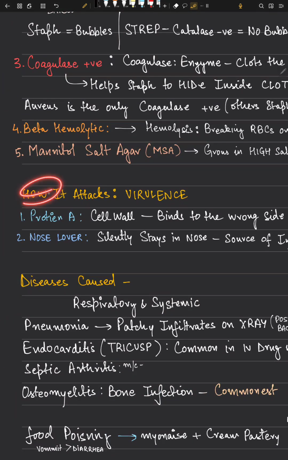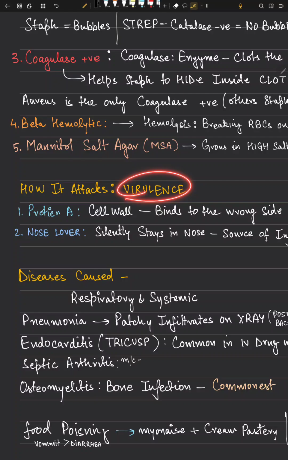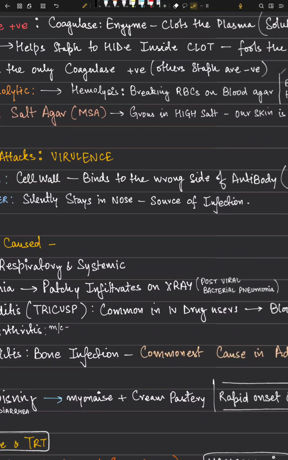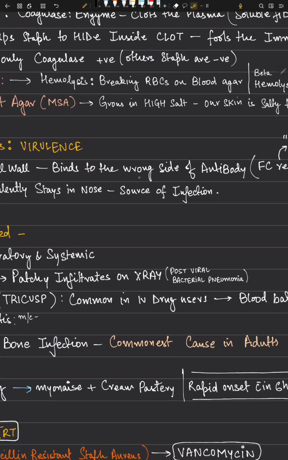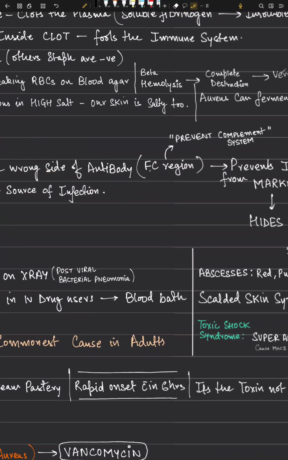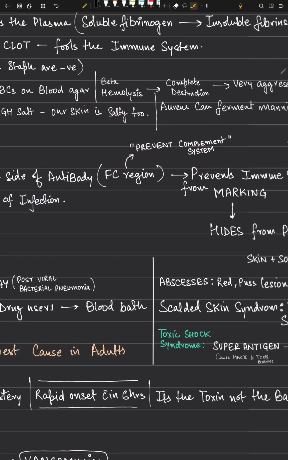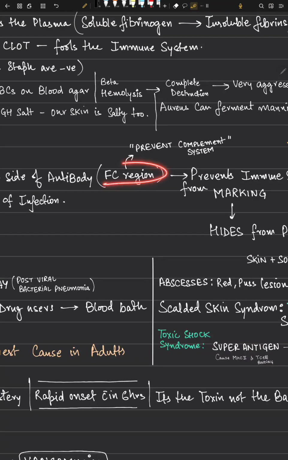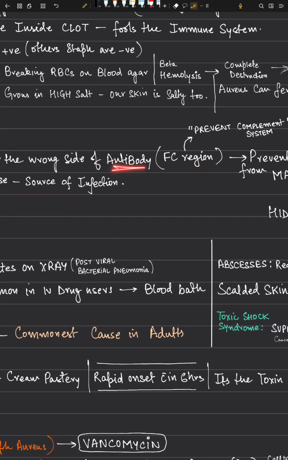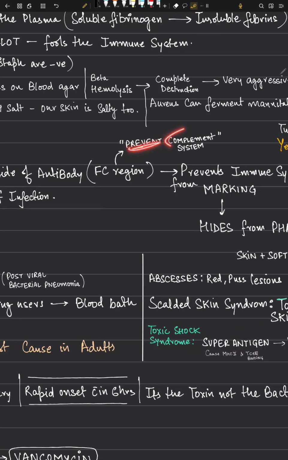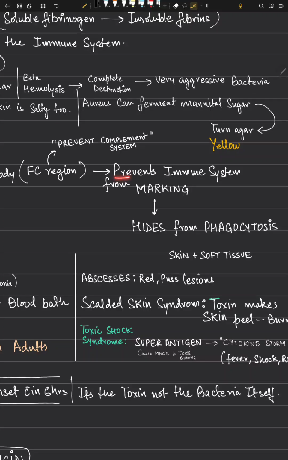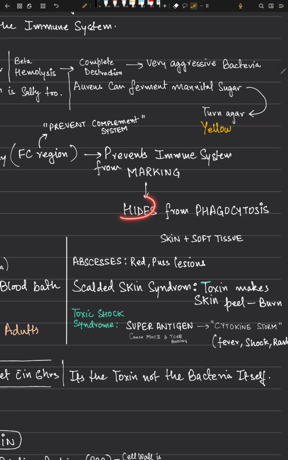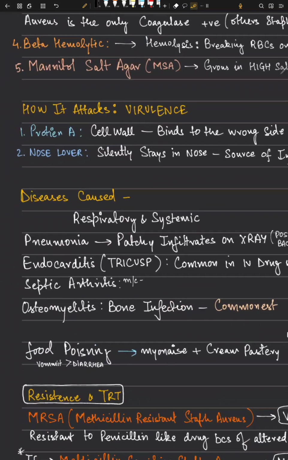Okay. How does it attack? Virulence. It has something called protein A. This protein A is present in the cell wall, and it binds to the wrong side of the antibody, the Fc region. This prevents the complement system from working, and it prevents the immune system from marking it as a foreign body, so it hides itself from phagocytosis.